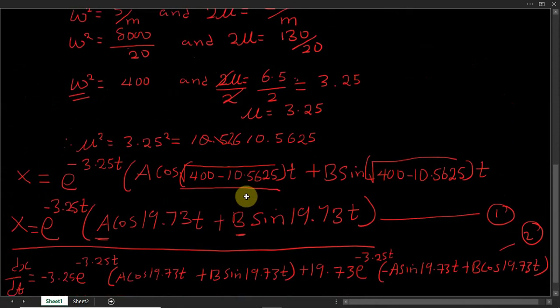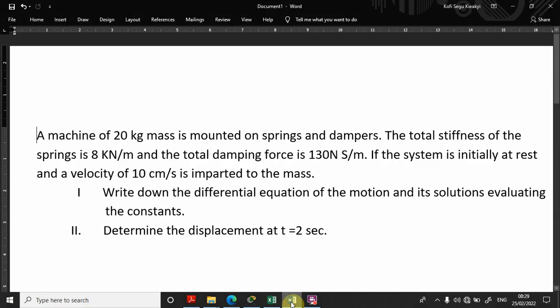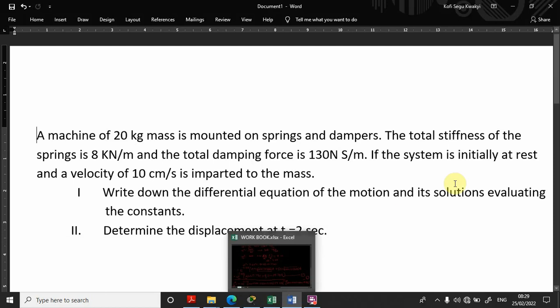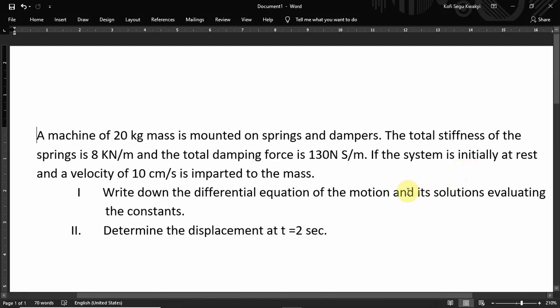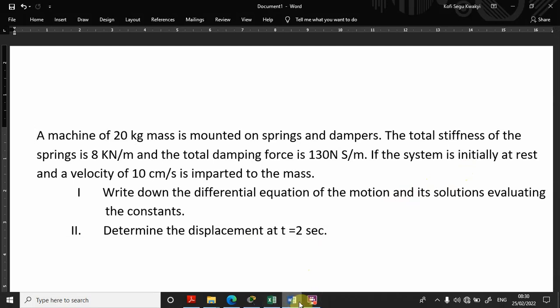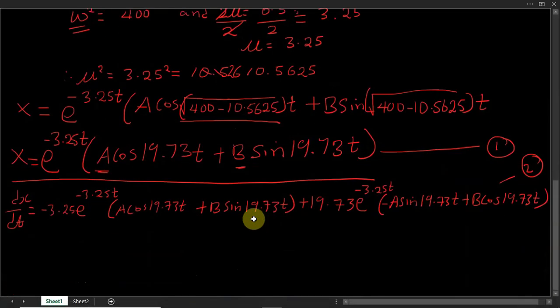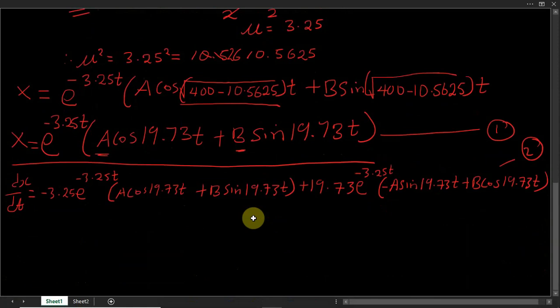From the first equation, and from the question given to us, if the system is initially at rest, it tells you that the time t is 0, and our displacement is equal to 0.